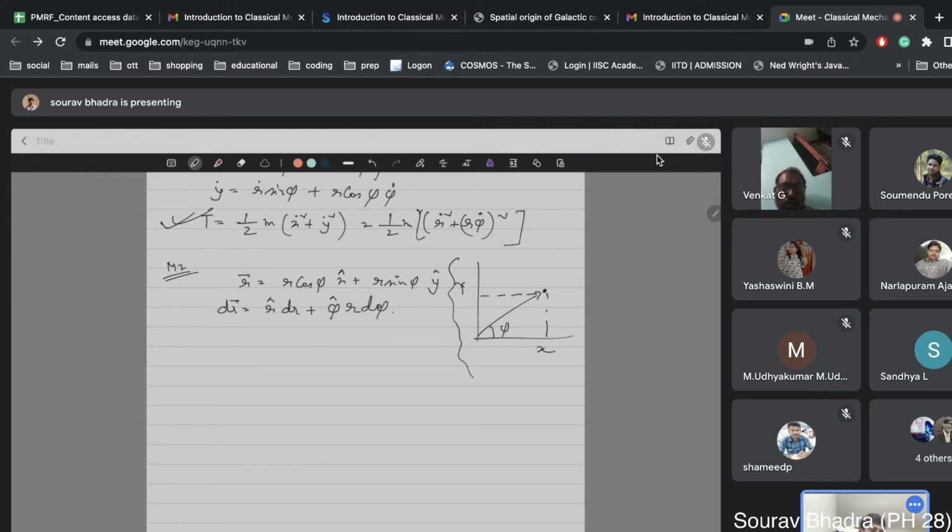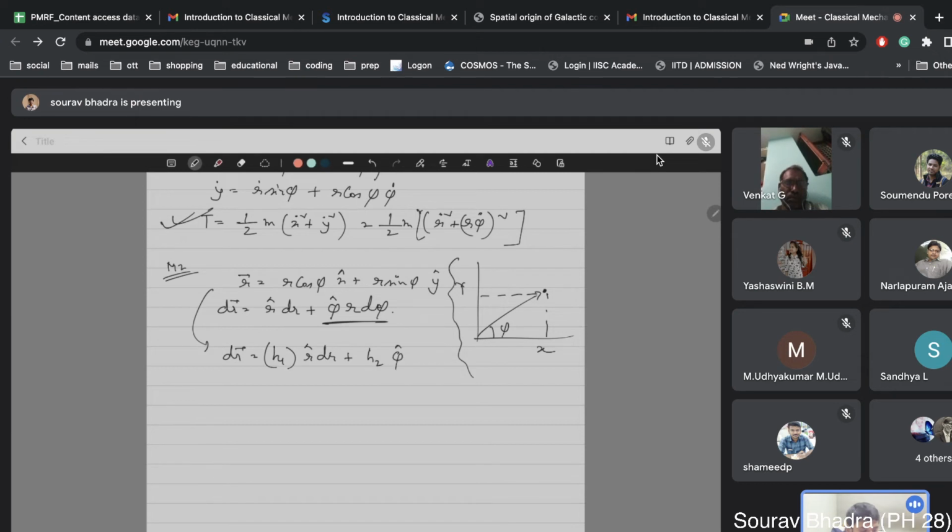You may find it a little bit complex how I can write that. This is coming from the change of coordinates. If you have done the change between Cartesian and polar coordinates, then you can see that when we write dr from r, there always comes a scale factor, that is h1 r cap dr plus h2 phi cap d phi.